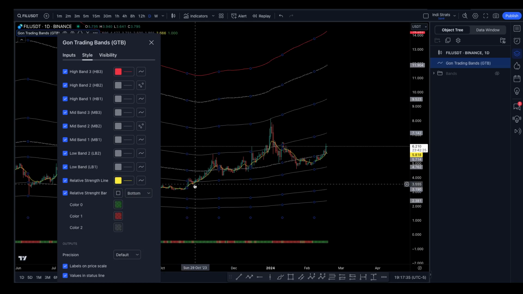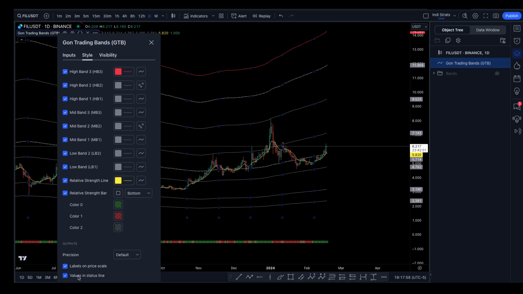Sometimes when I'm zoomed out and I want to really see, did this candle close above or beneath, it's easier for me to just look at the relative strength bar rather than to zoom in and try to figure out, because sometimes these very accurate differences make a difference. But it's up to you, however you like your charts.